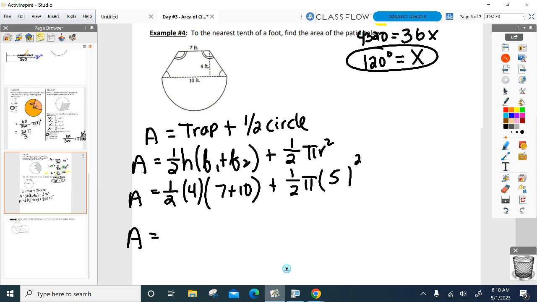Oh, 73.3. Got it. And if you guys are putting units, make sure they're squared, right? If you're putting units there, make sure they're squared.